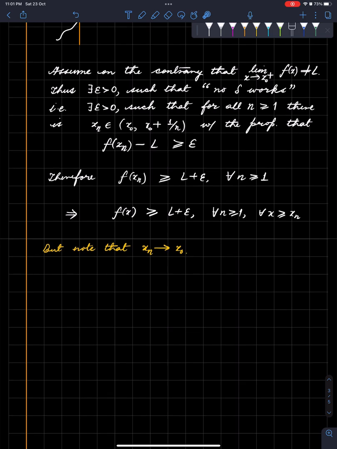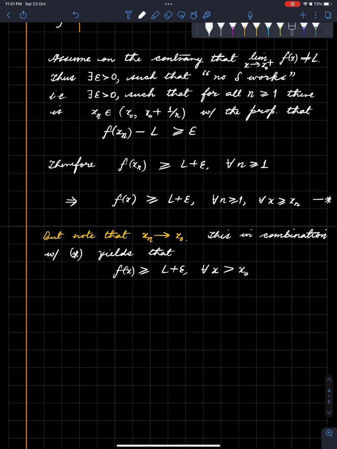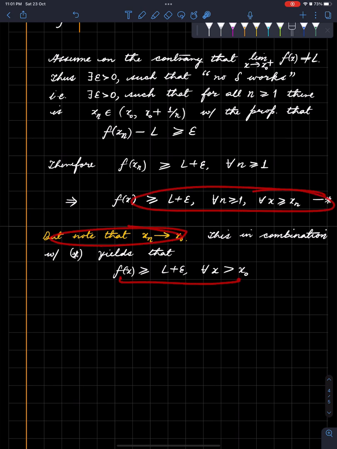Okay, so if you combine this with the above thing, and let me label this as star, this in combination with star yields that f(x) is greater than or equal to L plus epsilon for all x greater than x0. And please realize this implication, that this plus star actually gives you that. It's not hard at all.